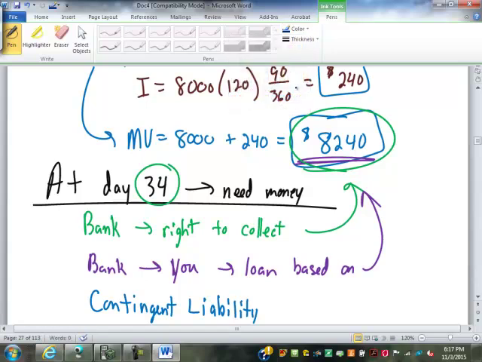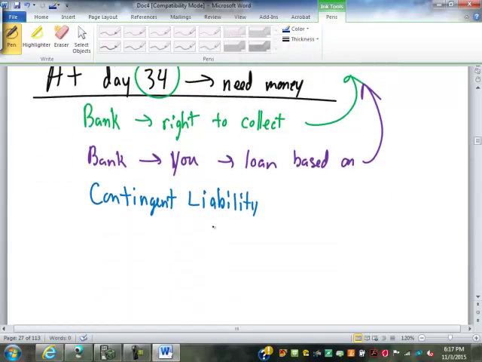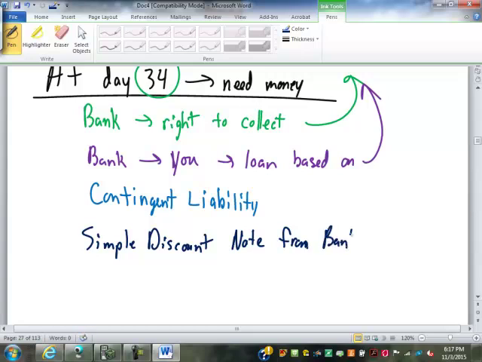So what is really happening here is you are going to take out a simple discount note from the bank with a face value equal to the maturity value of the other note.